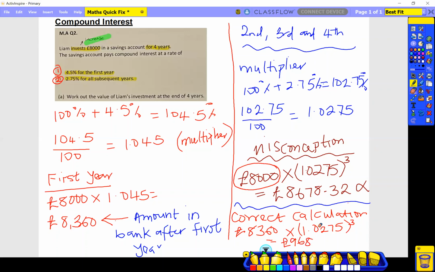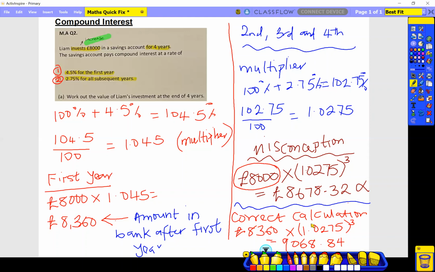So this is the amount after the 3 years, for year 2, 3, and 4.